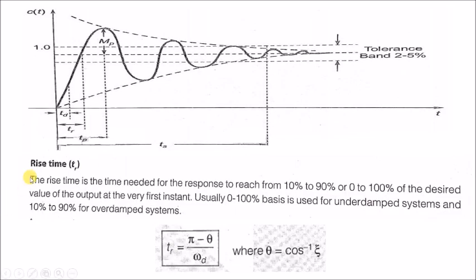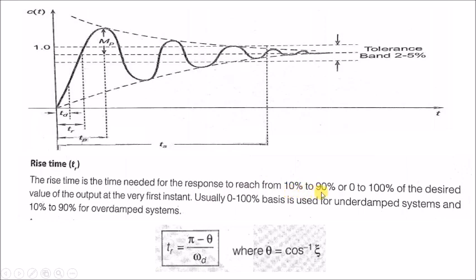Okay. Next, let's study rise time, which is nothing but TR. As I told you, rise time is the time taken by the system to reach its first attempt. So the rise time is the time needed for the response to go from 10% to 90% or 0% to 100% of the desired value of the output at the very first instant.